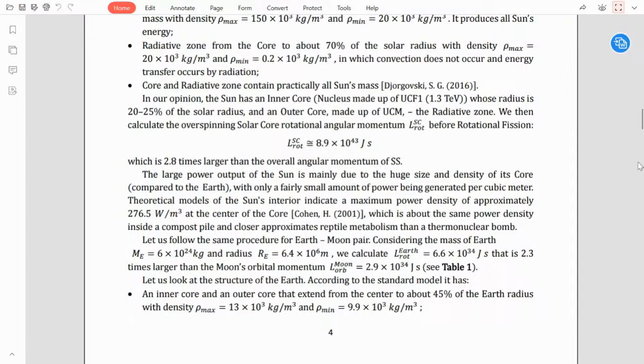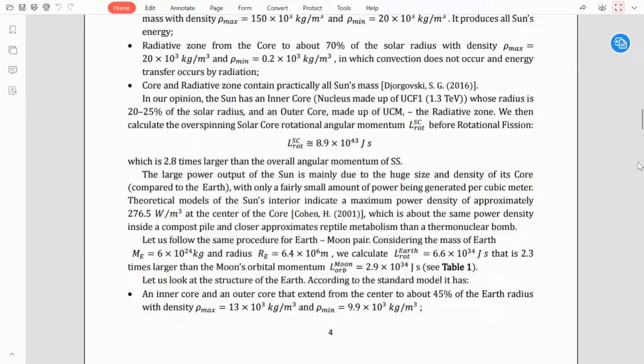Theoretical models of the Sun's interior indicate a maximum power density of approximately 276.5 watts per cubic meter at the center of the core, which is about the same power density inside of a compost pile and closer approximates reptile metabolism than a thermonuclear bomb.